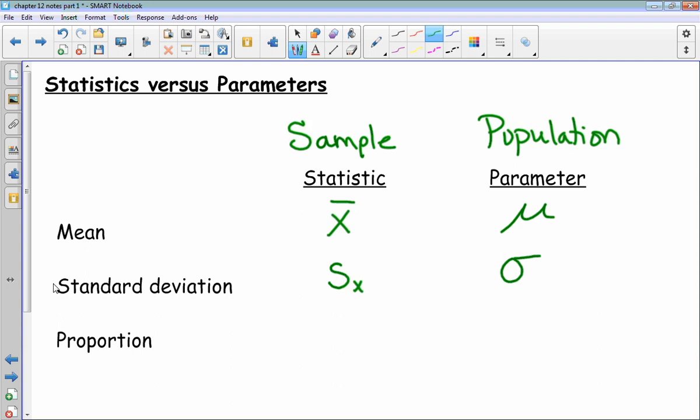When we talk about proportions, which we're really not going to get into a whole lot until later, they also have symbols. I'll go ahead and tell you what they are. Population proportion is just a P. That's kind of nice. And the sample proportion is something called a P hat. Okay? So these last two are okay to know for symbols, but you really need to know the difference between a population mean and a sample mean.